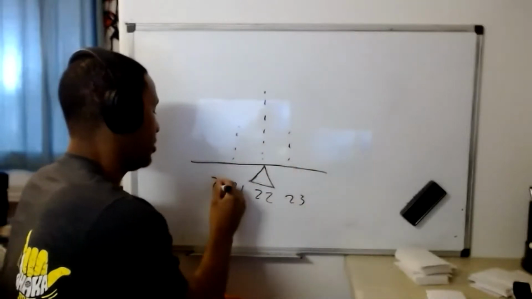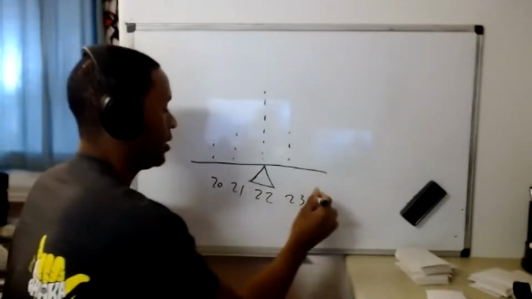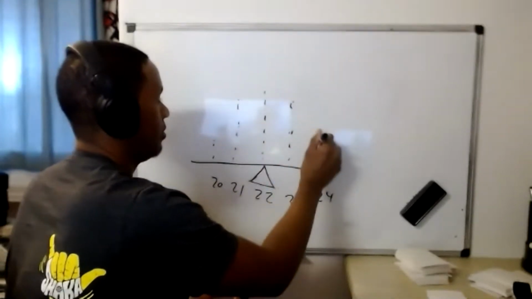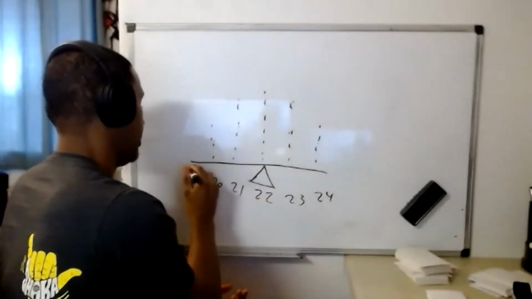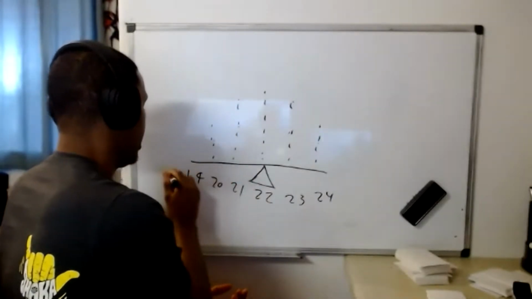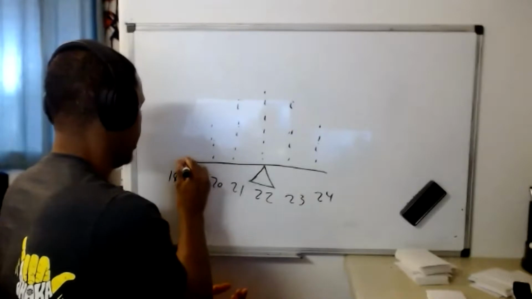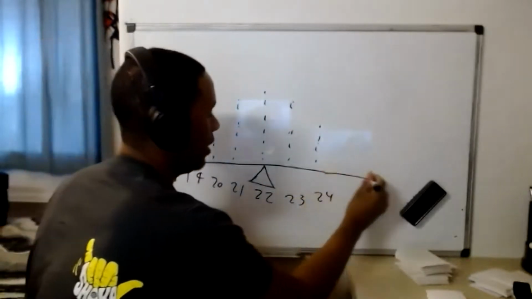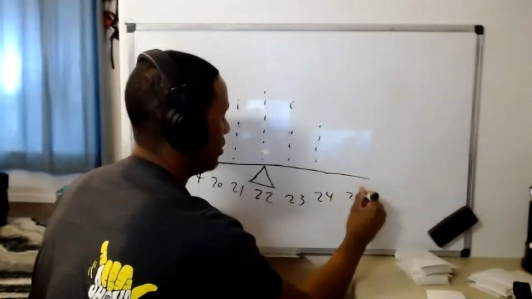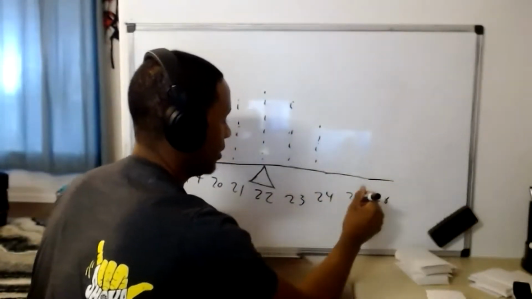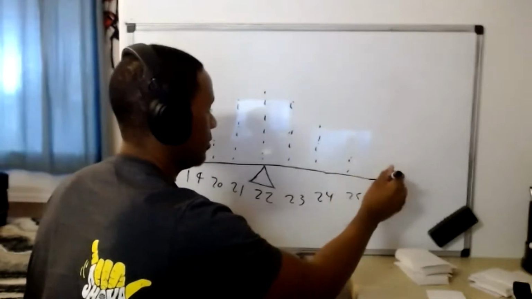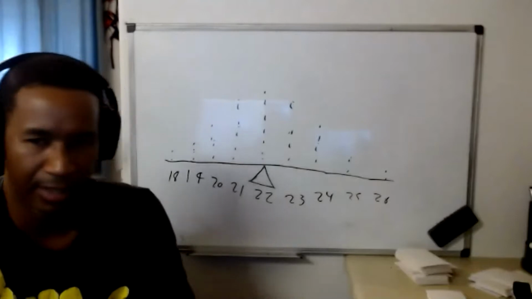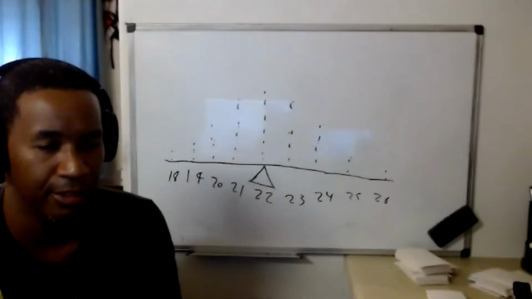Probably have some 20-year-olds, some 24-year-olds, some 19-year-olds, and maybe some 18-year-olds as well. And then likewise, you're going to have some 25-year-olds and some 26-year-olds. Okay, but obviously, the further you get away from the mean, it's typically the case you're going to see less and less observations in the distribution.